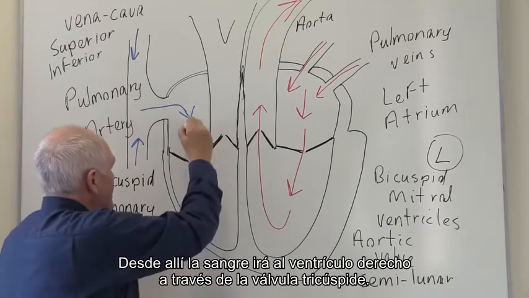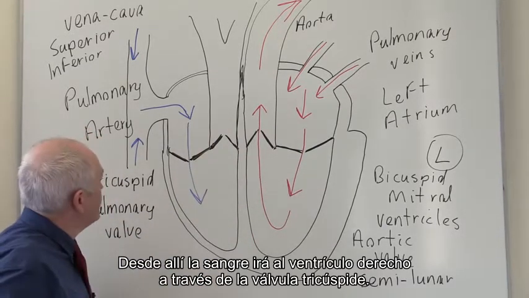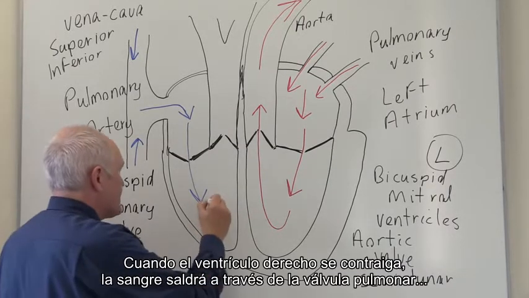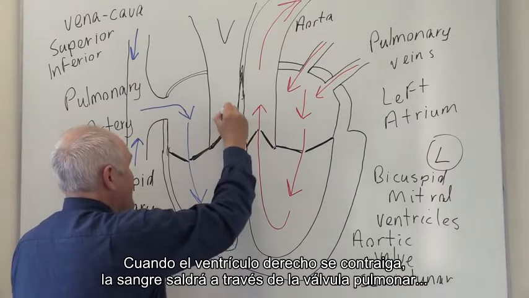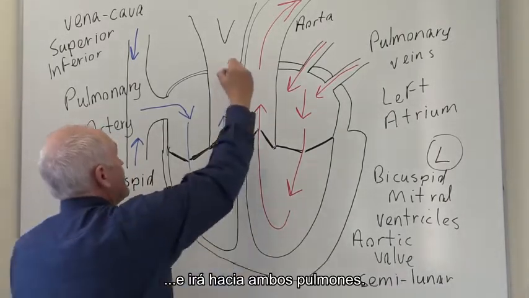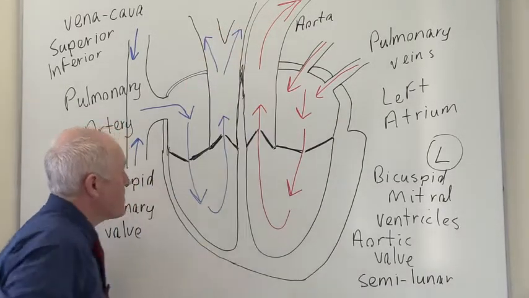From there, the blood will go through the tricuspid valve into the right ventricle. When the right ventricle contracts, that blood will be ejected through the pulmonary arterial semilunar valve, and it will go to each lung.